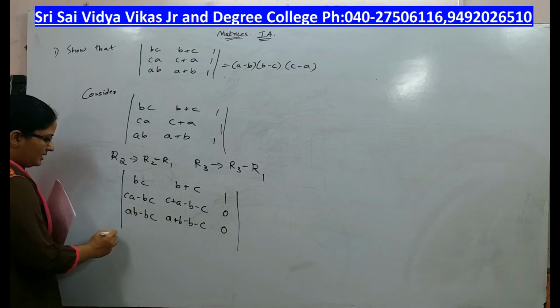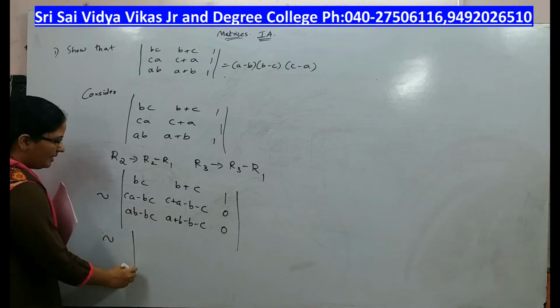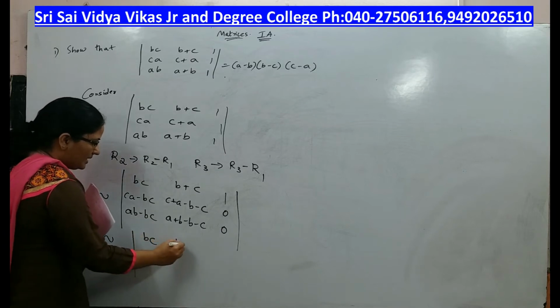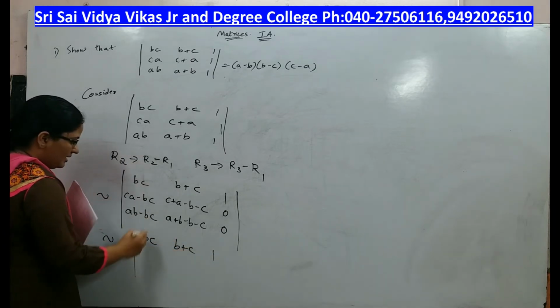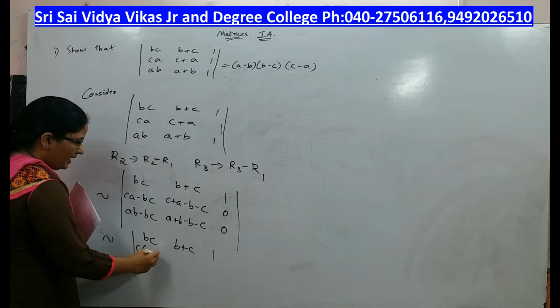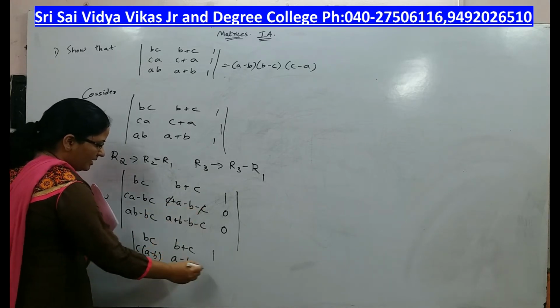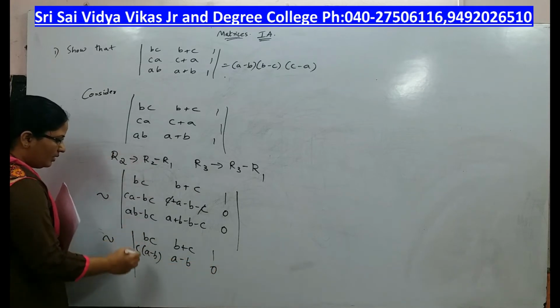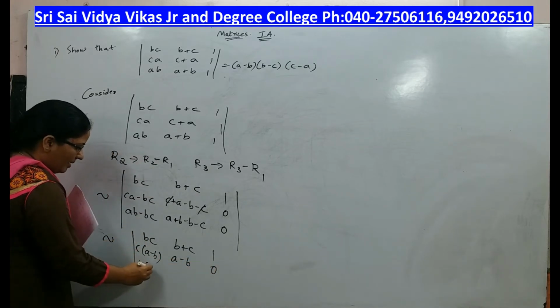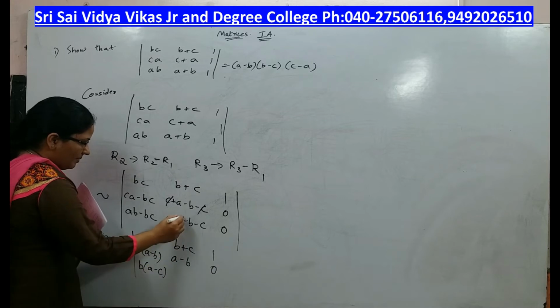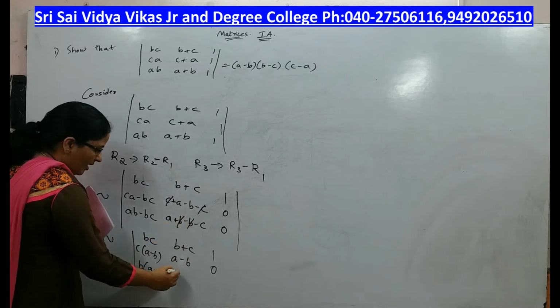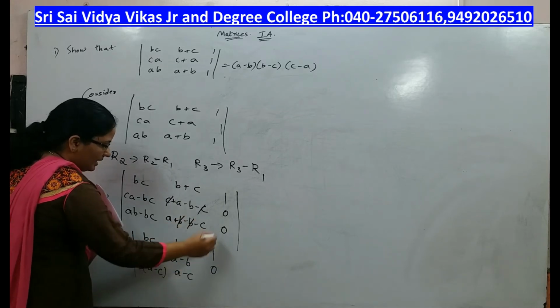Now this is the same as BC, B plus C, 1; C into A minus B, plus C minus C cancels, you have A minus B, 0; here you have B into A minus C, plus B minus B cancels, you have A minus C, and 0.